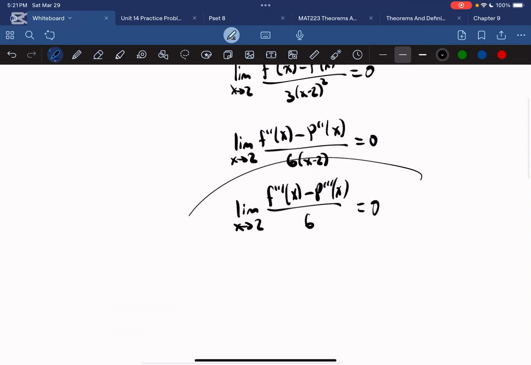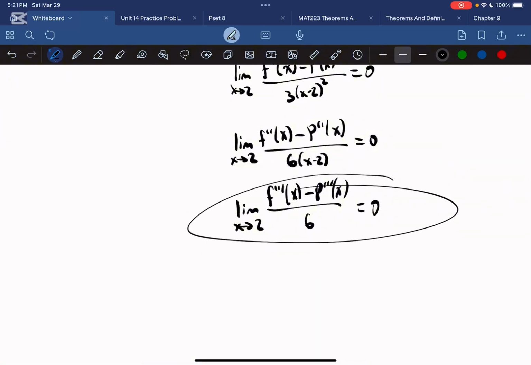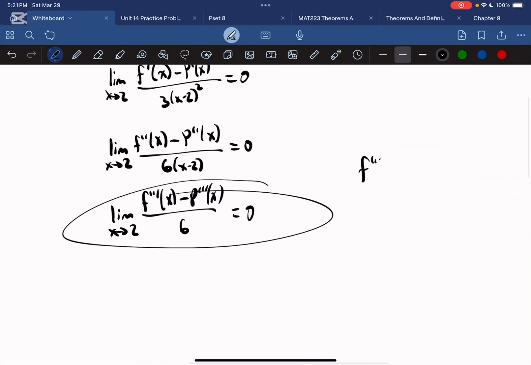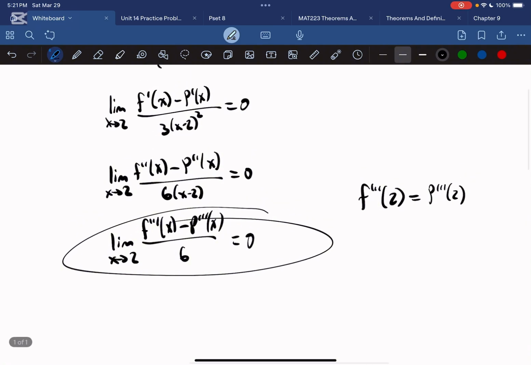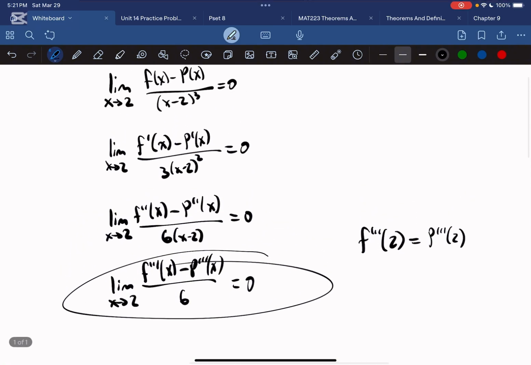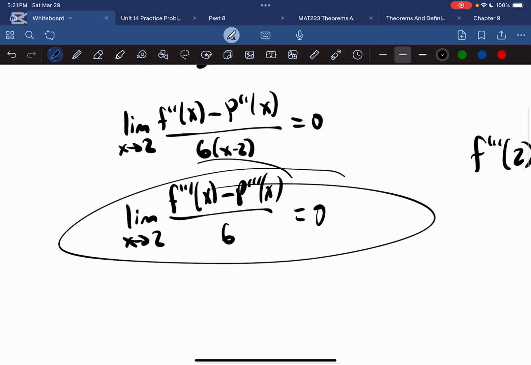Now, for this one especially, you should be convinced that f triple prime at 2 has to equal p triple prime at 2, right? Otherwise, this limit wouldn't equal 0. And this is also supposing these are continuous functions, right?